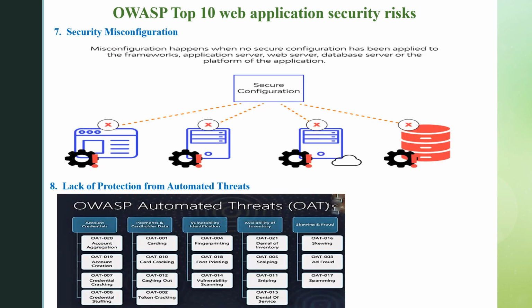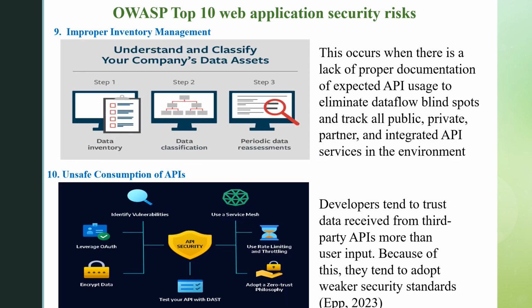The seventh one is security misconfiguration, whereby the security of the whole system is not well configured, and therefore hackers can infiltrate. The eighth is the lack of protection from automated threats like carding, fingerprinting, denial of inventory, scraping, sniping, etc. Number 9, improper inventory management.